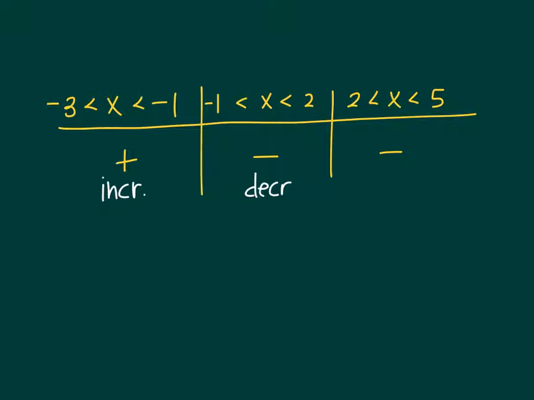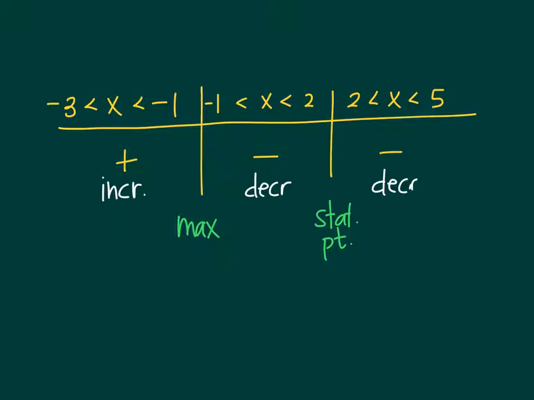So if it is changing from an increasing graph to a decreasing graph, what's happening at -1? Okay, it is a max. We've identified that. Then if it's decreasing and decreasing again, what's happening at 2? Stationary point. Okay, very good.